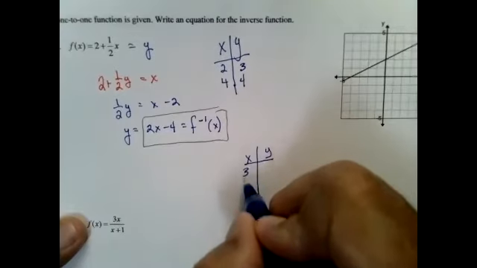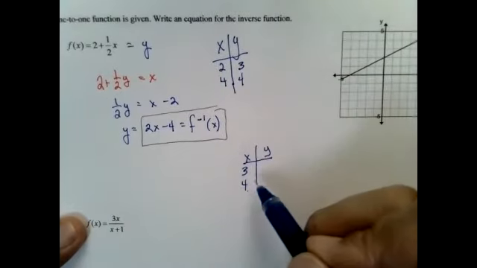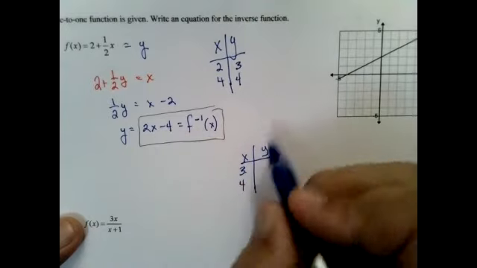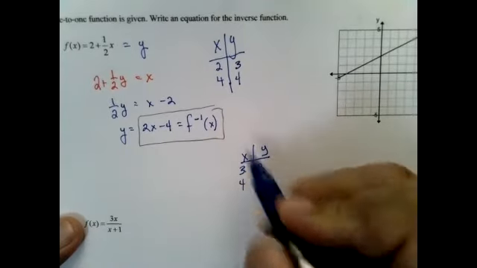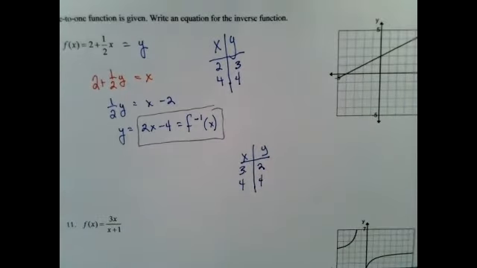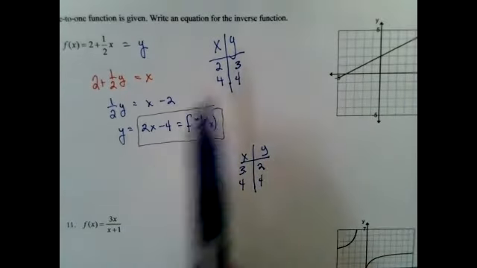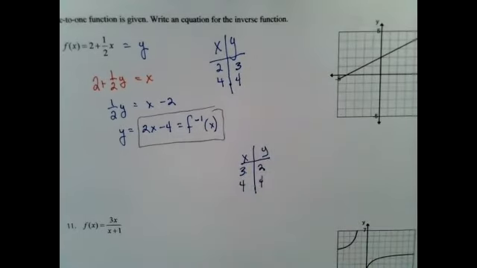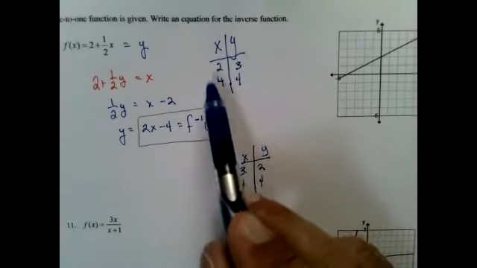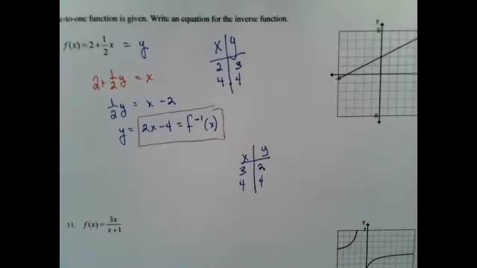Which means down here, if I take those range values and make them domains, if I plug in 3, I get 2. If I plug in 4, I get 4. So you see how the x's and y's are switched. What went from here went over there, and what was over there came back to here. So we were able to find an inverse function.